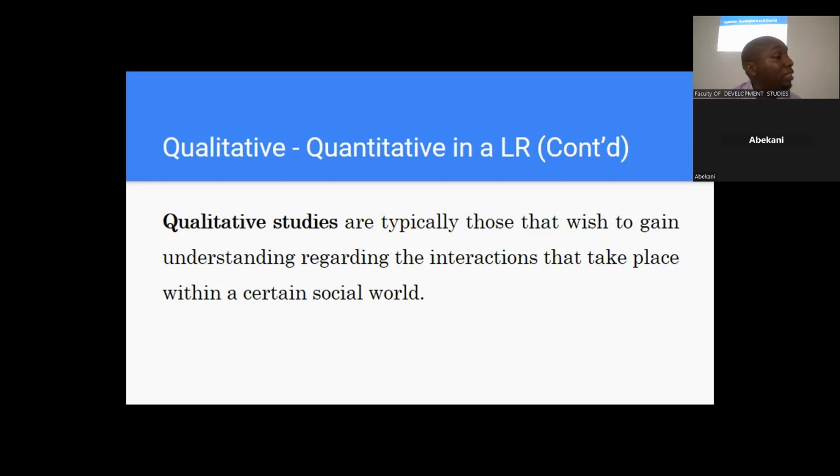So the qualitative is more like description. The findings are more like deep. It's different from the quantitative, okay? So interactions is the key word here. Interaction is the key word.